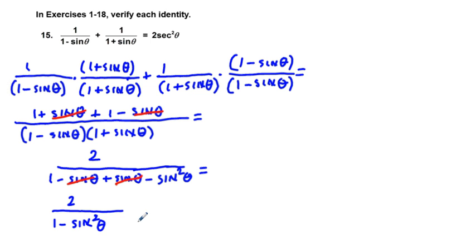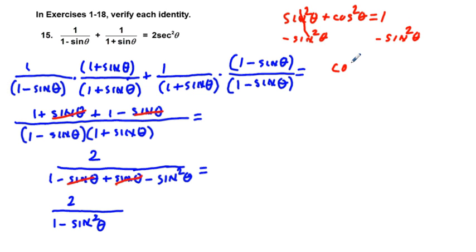Okay. Now going back to our Pythagorean identity, we have sine squared theta, I'm writing this up here at the top, plus cosine squared theta is equal to 1. So if we subtract sine squared theta from both sides of this identity, we're going to have cosine squared theta is equal to 1 minus sine squared theta.